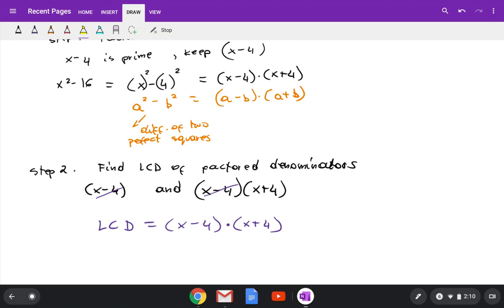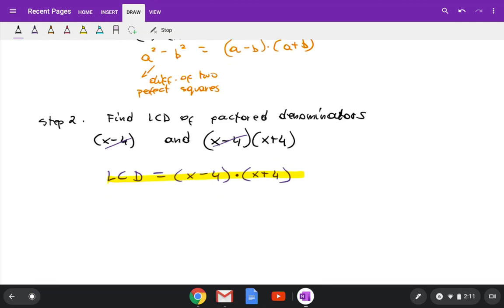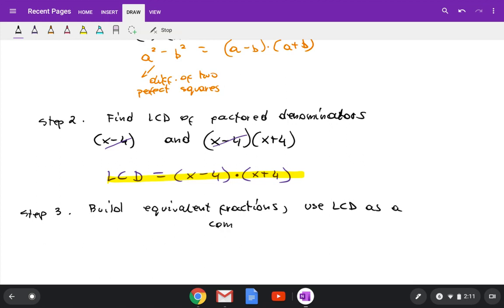That's the LCD. Next, what you're going to do, step 3, build equivalent fractions. Use LCD as a common denominator.